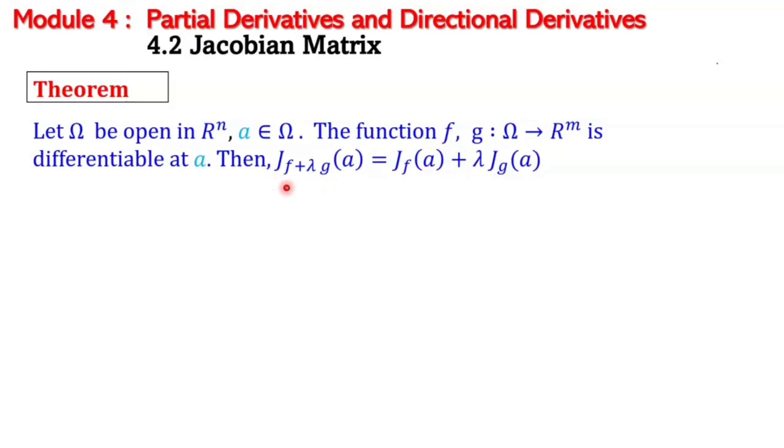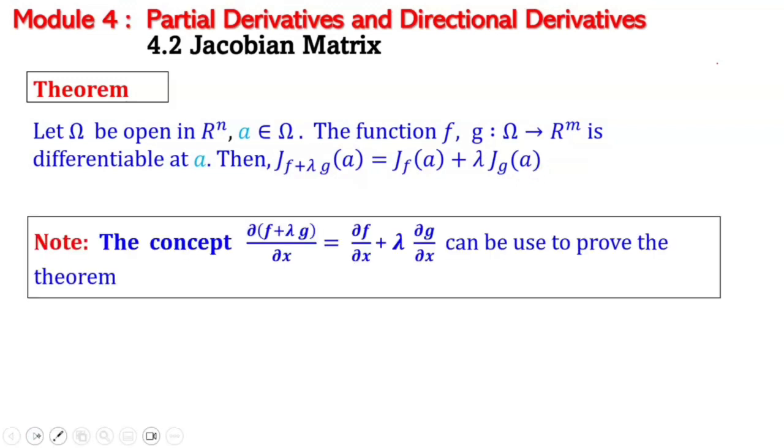Then the Jacobian of the linear combination of those functions, f plus lambda g, is equal to the Jacobian of f at the point A plus lambda times the Jacobian of g at the point A. This can be proved by using the basic concept of differentiability.